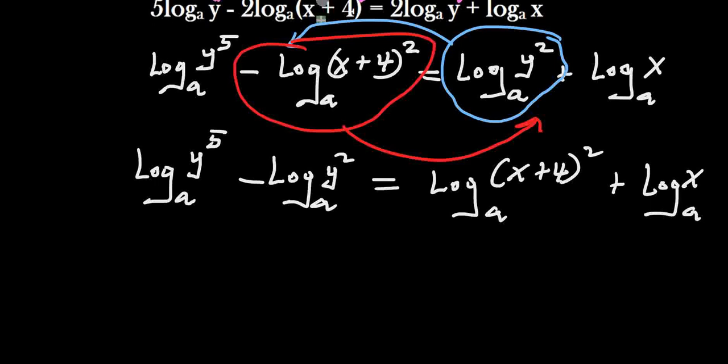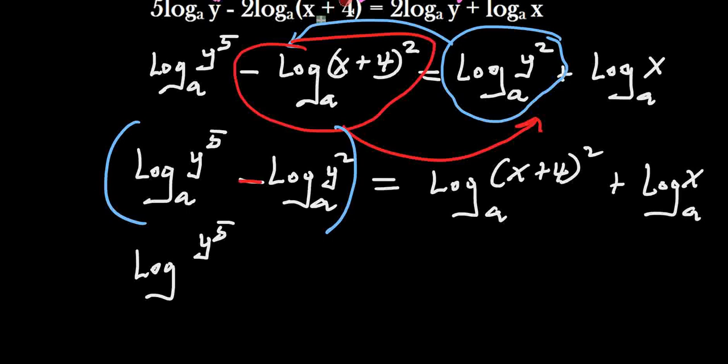So now we can simply write each of them as a single logarithm expression. So the left hand side first, and this will become log y to the fifth power, and because of the negative sign that we have over here, we have to divide y to the fifth power by y squared.